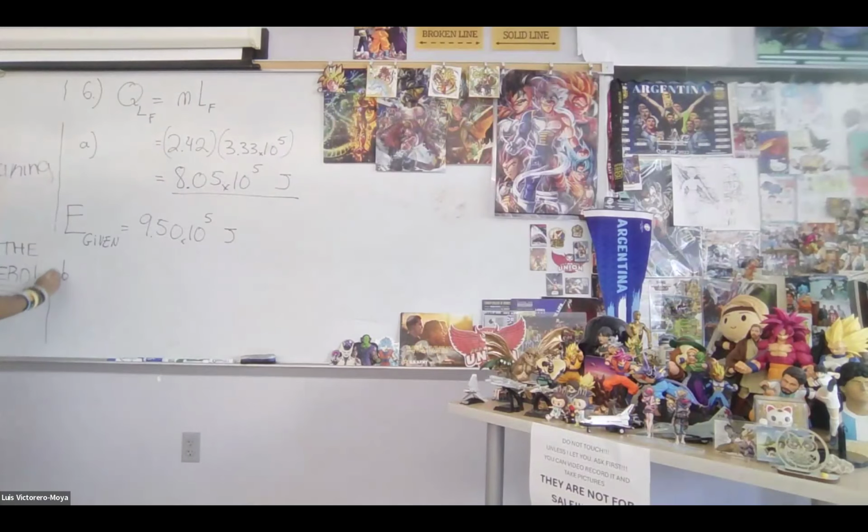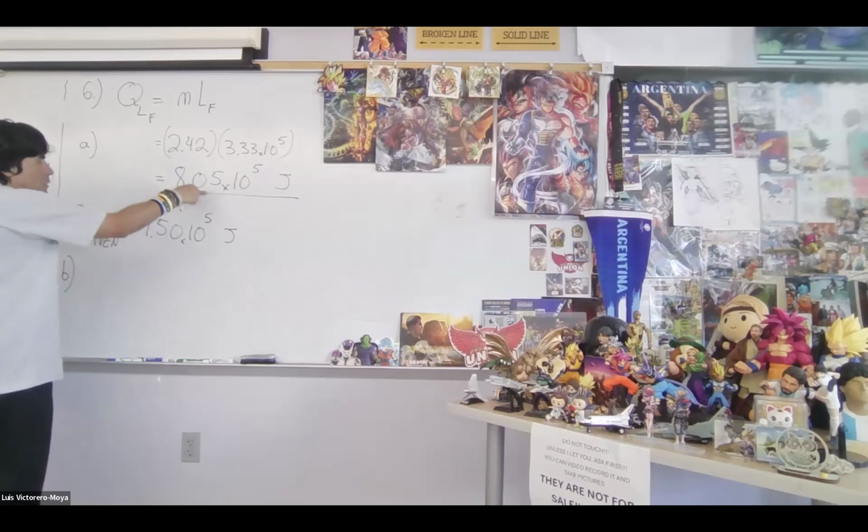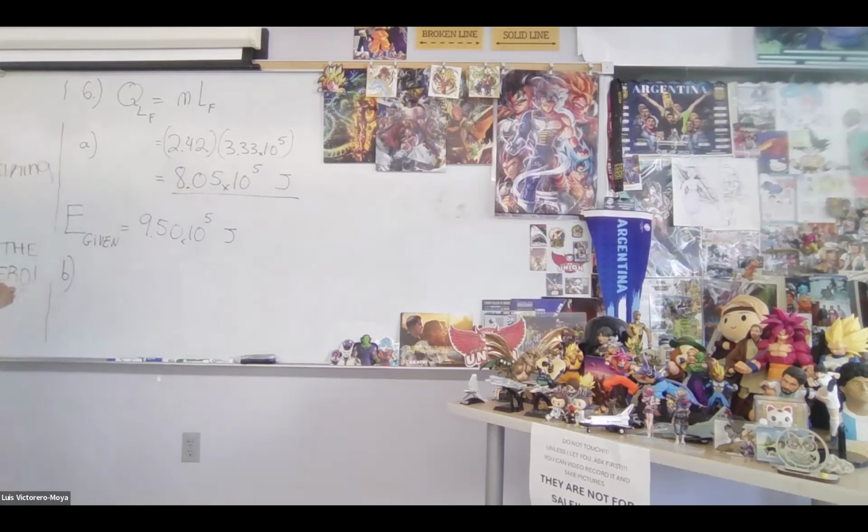For part B, you do this minus that. And look, 10 to the 5, 10 to the 5, so I can just do 9.50 minus 8.05, which is 1.45.